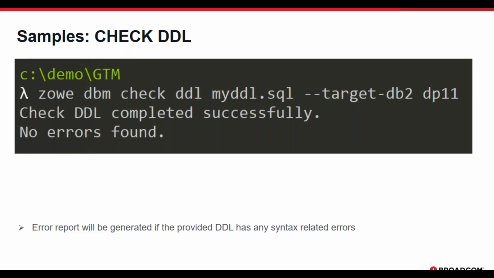You could see the line number 3 output: the check DDL completed successfully and no errors found. We just mean to say that this DDL can be executed. And if the DDL has any errors, then that output will also be generated into another file called error.out, as another output file generated from this particular CLI.